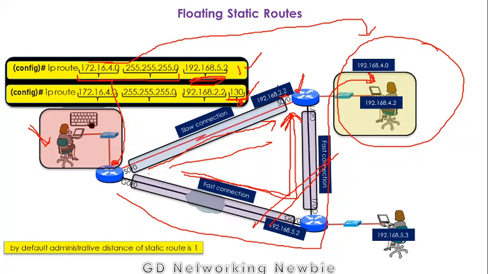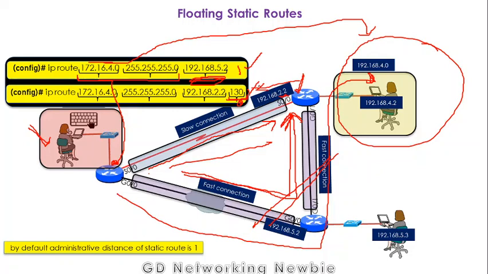And even in the routing table, if we use show ip route in a Packet Tracer demonstration, this route will not be shown if this link is working. As soon as the primary link fails, this will be shown in the routing table.